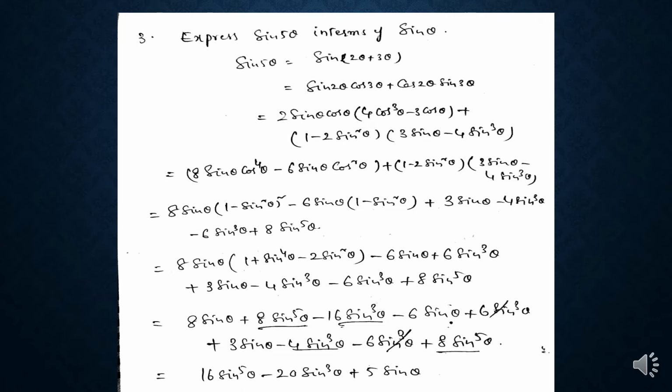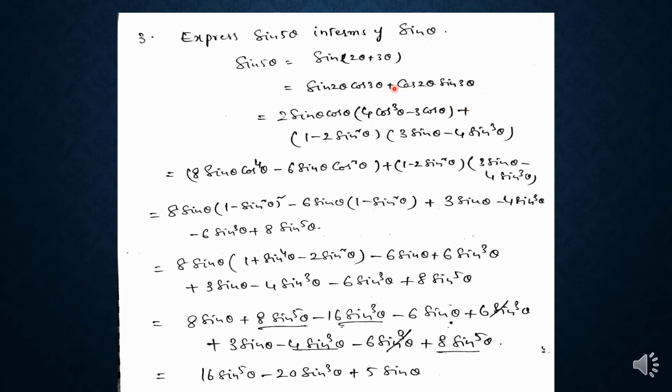Here we know the formulas for sine 2 theta, cos 3 theta, cos 2 theta and sine 3 theta. So by substituting these values, what is sine 2 theta? Sine 2 theta can be written as 2 sine theta into cos theta, into what is cos 3 theta? That is 4 cos cube theta minus 3 cos theta, plus what is cos 2 theta?